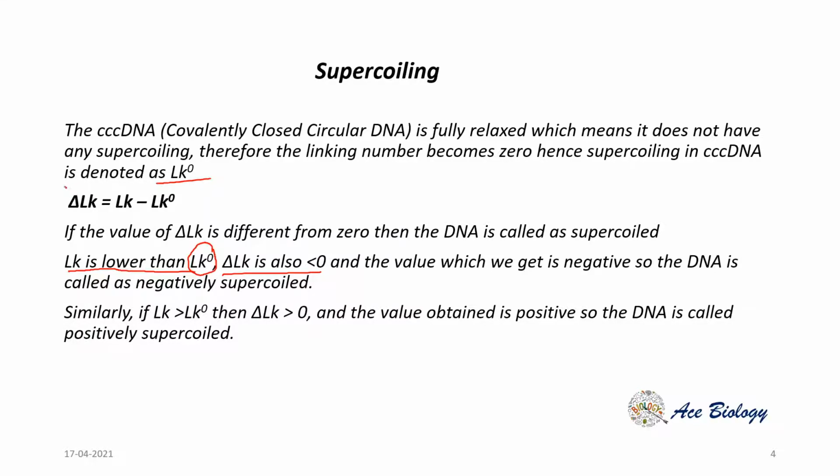From this delta linking number only, you get to know whether the DNA is positively supercoiled or negatively supercoiled. Delta linking number is the difference between the linking numbers. This is the linking number present after the introduction of certain twists and turns, and this is the linking number of the DNA in the relaxed state.